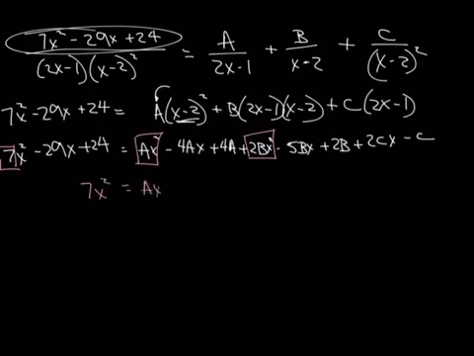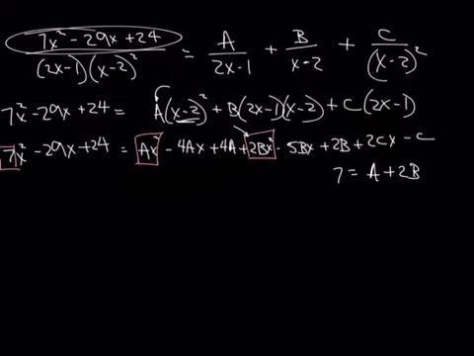Well, we did it by doing this, because that is the only way we can get this 7x squared. So that being the case, we don't even need these x's, do we? So 7 equals A plus, oops, I'm sorry, there's a 2 there, isn't there? Okay, so 7 equals A plus 2B.